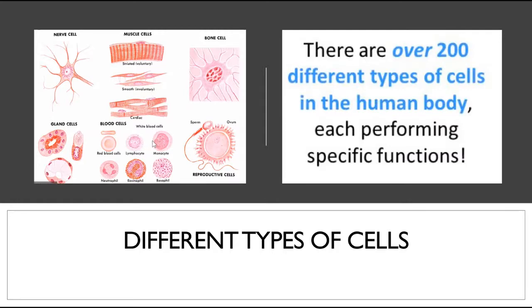For example, the epithelial cells, or skin cells, protect our body surface, and they cover the organs and cavities within them. Bone cells help to support and protect the body. Cells of the immune system fight against invading bacteria and viruses. The blood cells help in the transport of oxygen and nutrients to various parts of the body, and remove wastes like carbon dioxide.